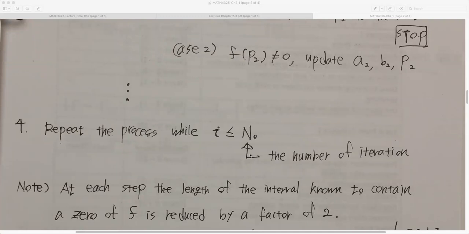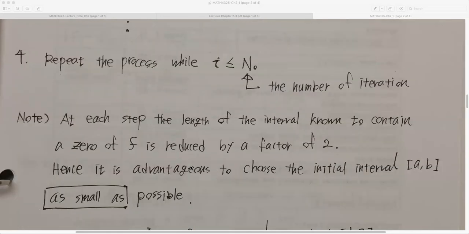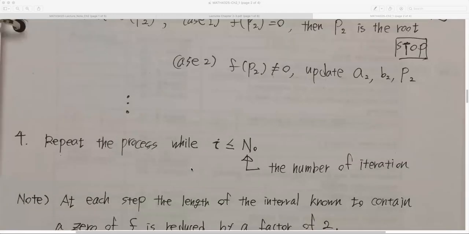Okay, in your code for the bisection method, you have to design your code to set the number of iterations manually. Or you can design your code to automatically stop when p_i is close enough, I mean, p_i approaches the root within the error, for example, within the error 10 to the negative 6.